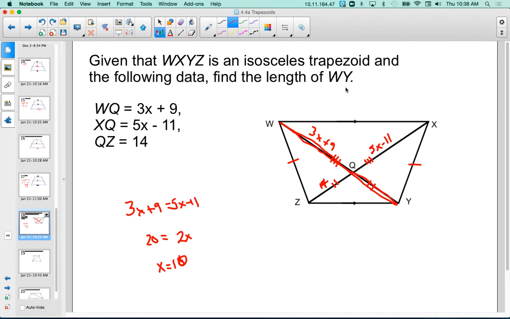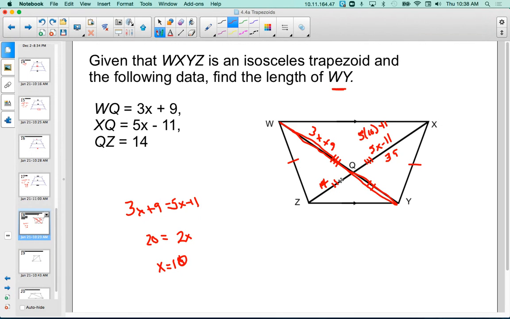Now, I need to solve for the length YW, or WY. Well, if I can solve for XZ, that'll be the same length. So I'm going to go ahead and plug 10 in right here. 5 times 10 minus 11. 5 times 10 is 50. 50 minus 11 is 39.